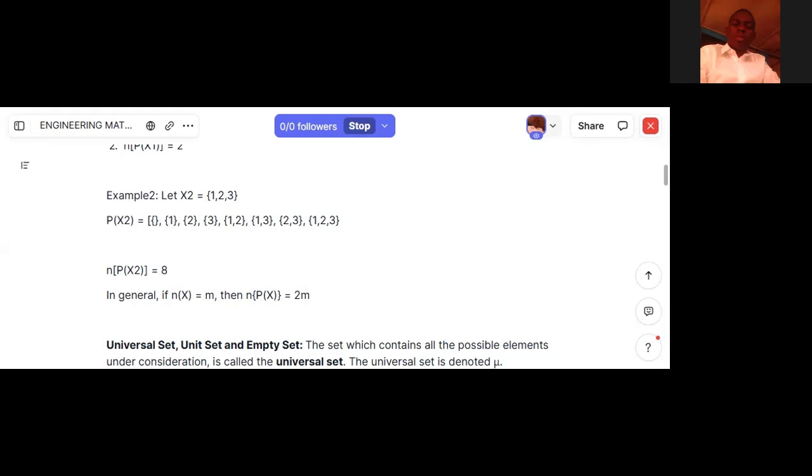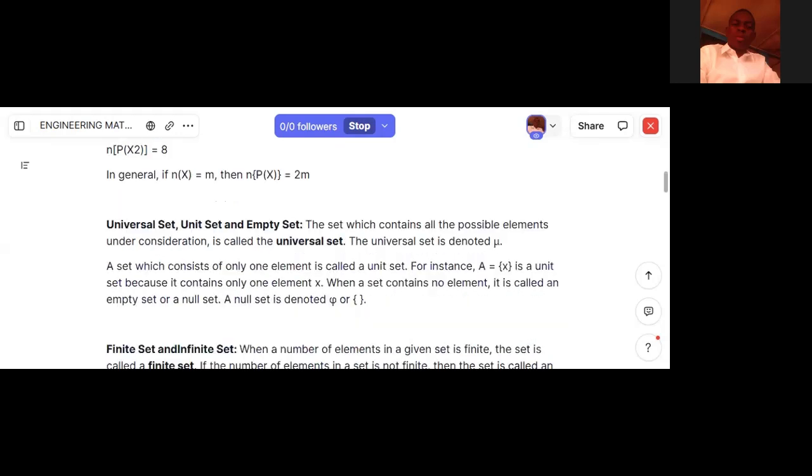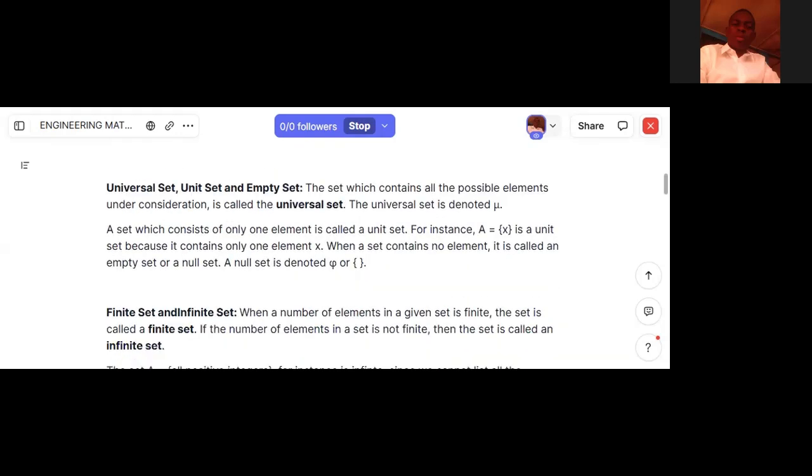All right, having seen that, we look at universal sets, unit set, and empty set. So quickly, the set which contains all the possible elements of sets under consideration is called the universal set.